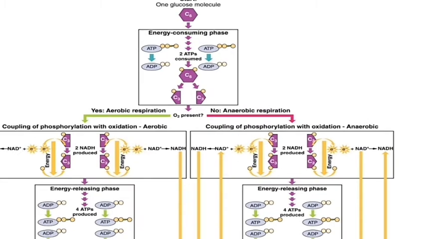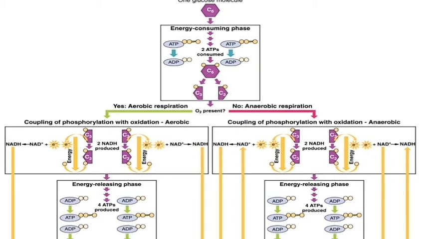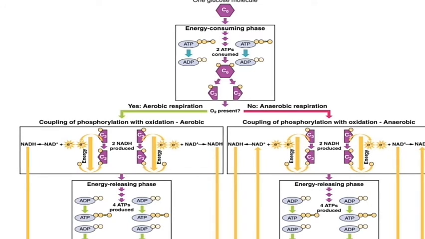Now, the glucose molecule is first broken down into two molecules of pyruvate, and later on it undergoes different stages of breakdown. The 6-carbon compound, that is glucose, is broken down into a 3-carbon compound which is pyruvate. So, from a single glucose molecule, two pyruvate molecules are produced.